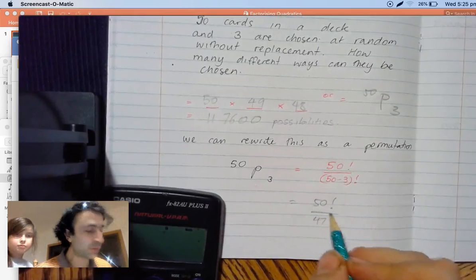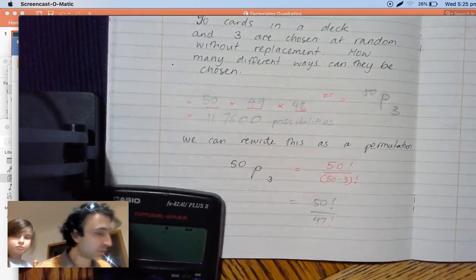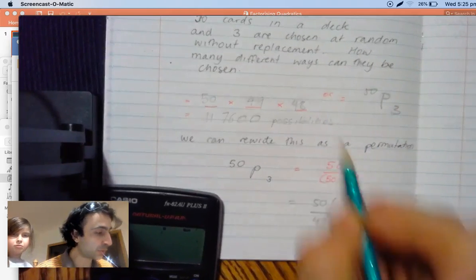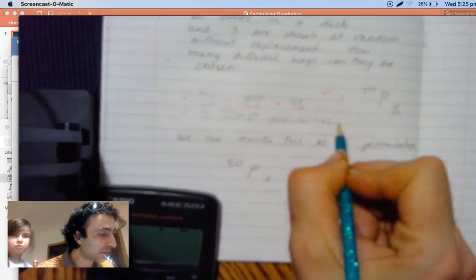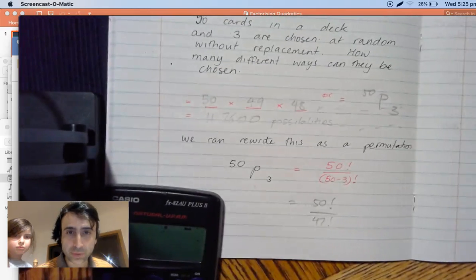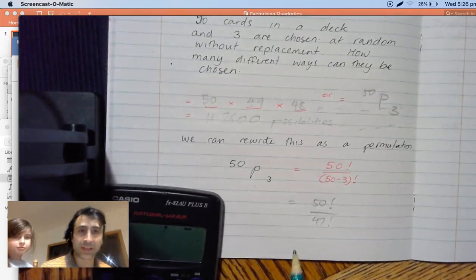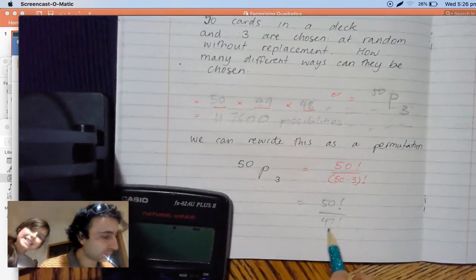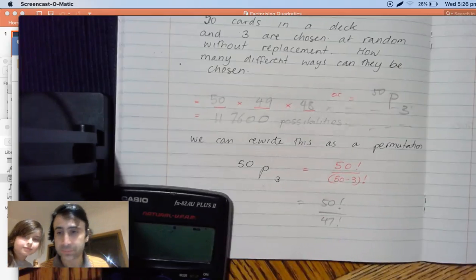If you think 47 times 46 times 45 and so forth, that cancels out by dividing by factorial 47. That cancels out all the remaining parts. And so it's really, really handy for us in this case.